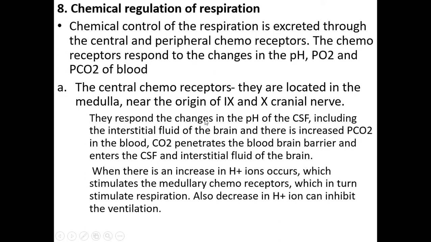They respond to a change in pH of the CSF, including interstitial fluid of the brain, when there is increased PCO2 in the blood, and carbon dioxide penetrates the blood-brain barrier and enters CSF and interstitial fluid of the brain. When there is an increase in hydrogen ions, this stimulates medullary chemoreceptors, which in turn stimulate respiration. Also, a decrease in hydrogen ions can inhibit ventilation.